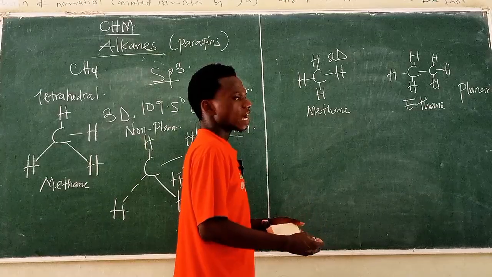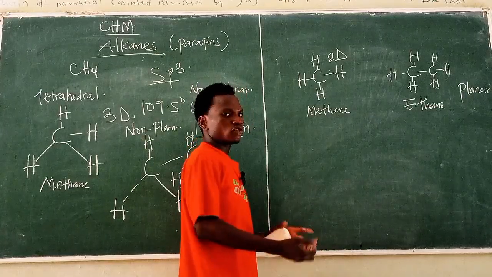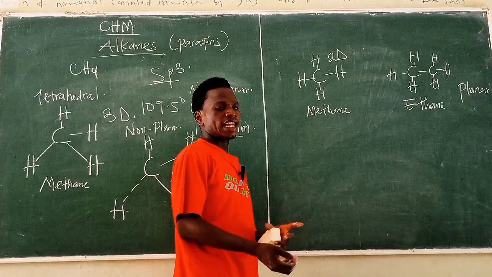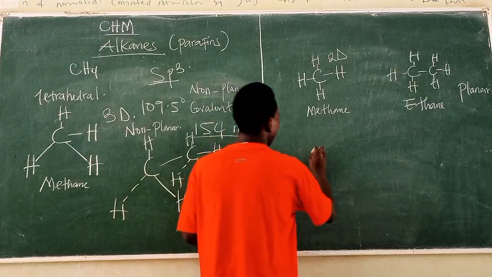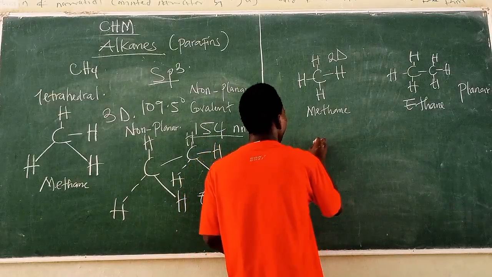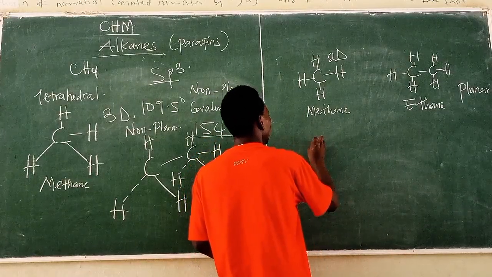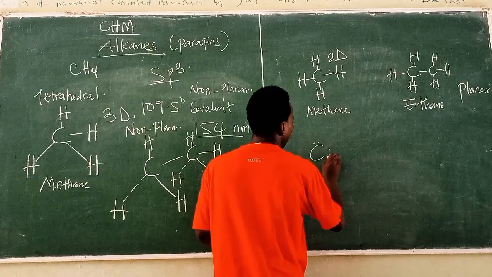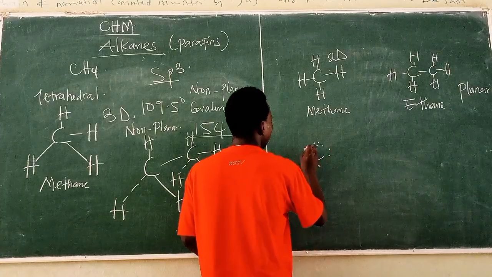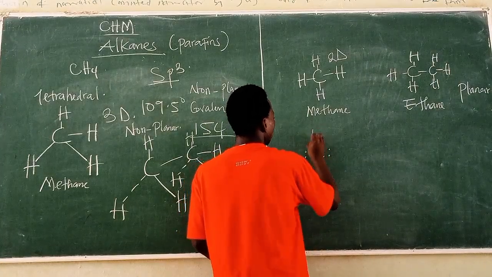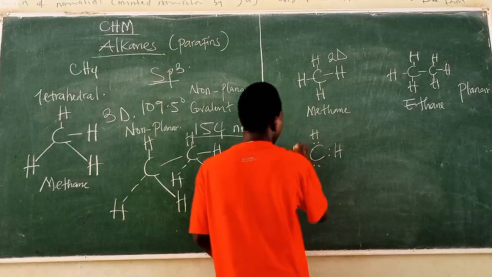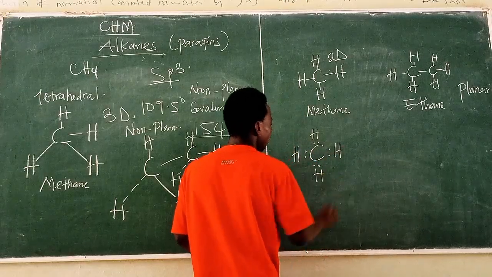So, organic compounds can also be drawn using the electron dot format. Now, in this case, this is how it is being drawn. Now, the dot structures link this, and then lastly link this.